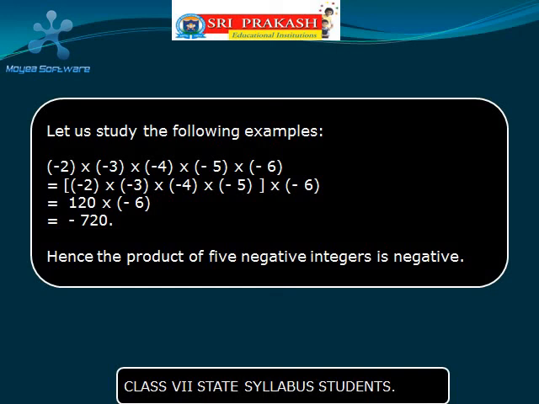So here we are multiplying one positive and one negative integer. So the sign of the product will be minus. 120 into 6 is 720. Hence the answer will be minus 720. Hence the product of 5 negative integers is negative.